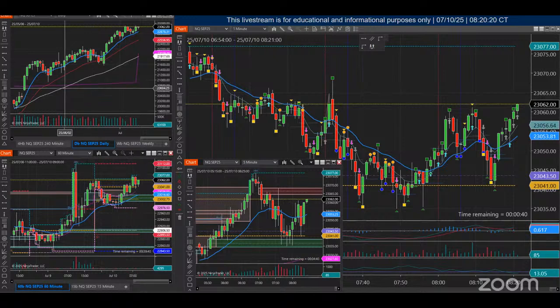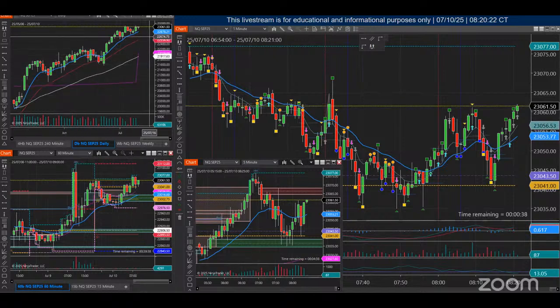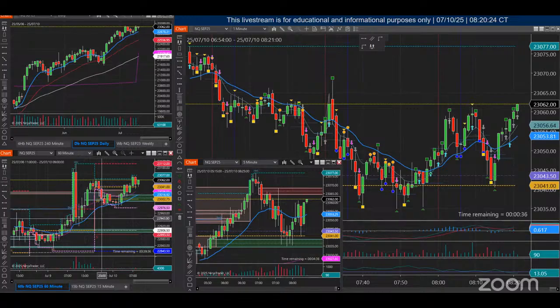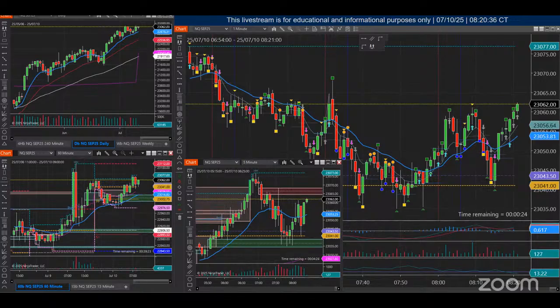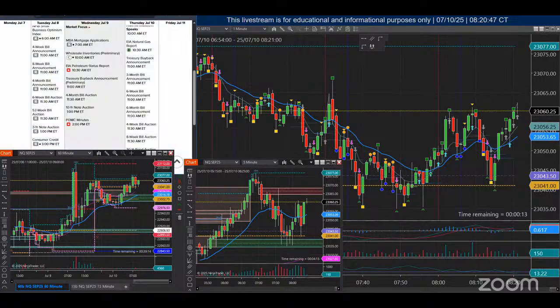Of course, this is in a clear uptrend in the higher time frame, but in the medium and short term, anything is possible, and we want to watch and observe at least the first 15 to 30 minutes, and also take a look at any news events that are due today.